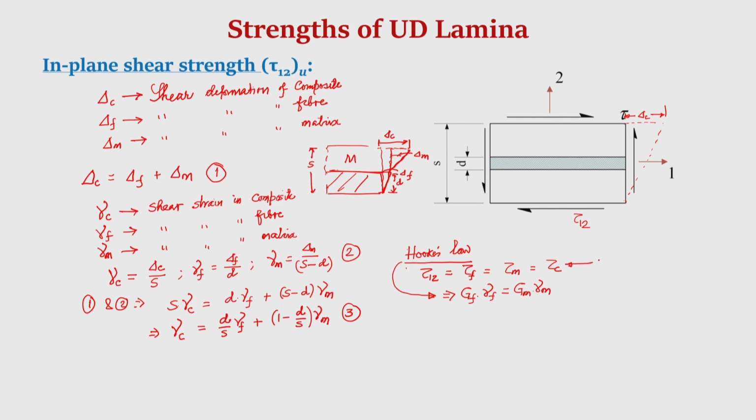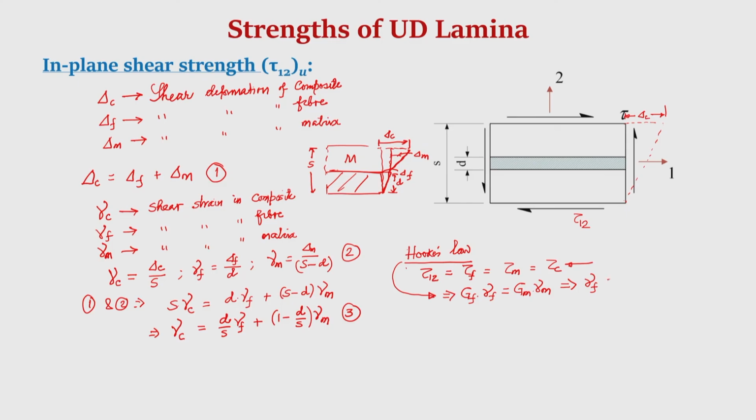Because it is the same stress, subjected to same stress, pure shear tau 12, which implies that gamma F is equal to G M by G F into gamma M. This is equation number 4. So, we can put equation number 4 in 3.